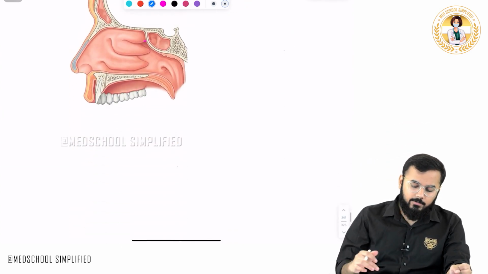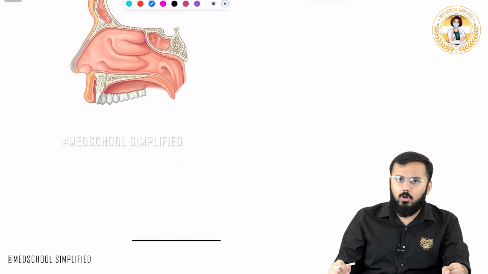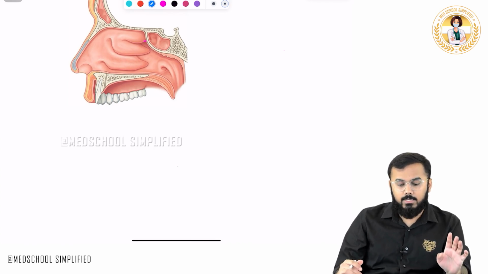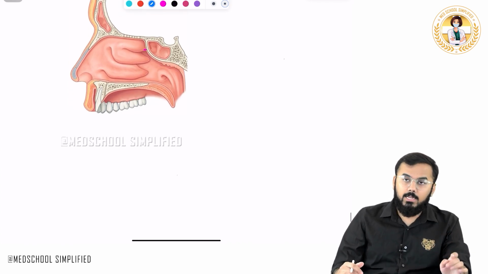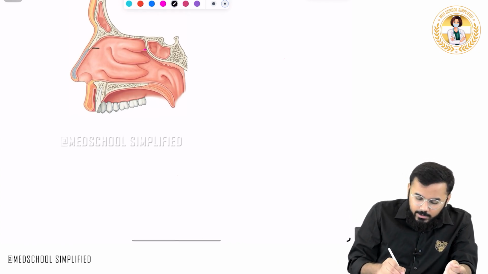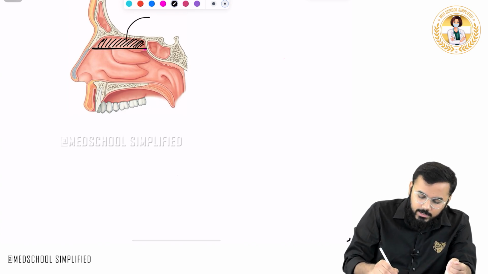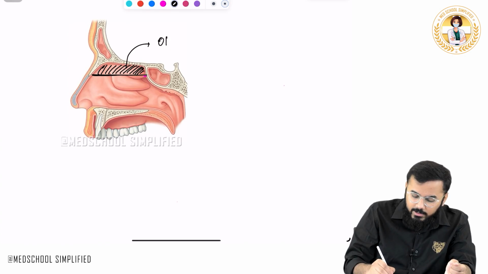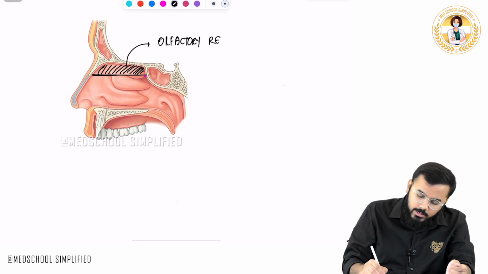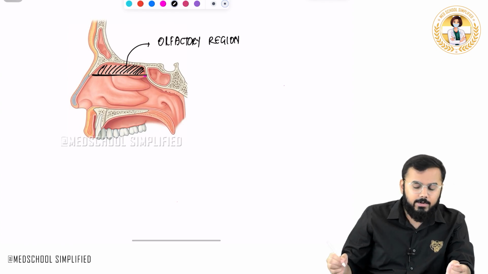Now, if you look at the wall, this is called the medial septal wall of the nasal cavity. Within this medial septal wall, if I draw a line over here, this entire part which you can see here is called the olfactory region.